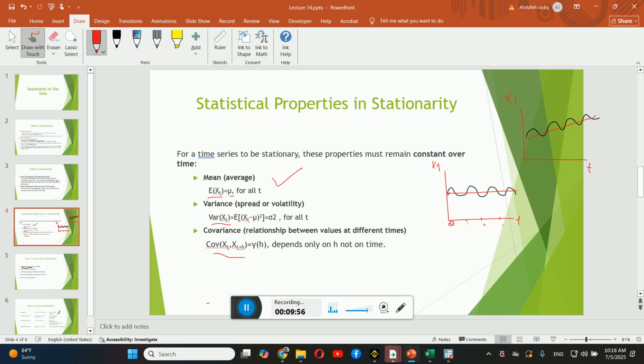The difference between these two graphs, dear students, is that here the average line is straight and the same, but here the average line is different. Why? Because for each value of x, the average value is lower at first and it's trending upward. The average value here is smaller, and it is getting bigger and bigger in this way. But in this graph, across the given time period, the average line is constant. It does not change. It's the same.